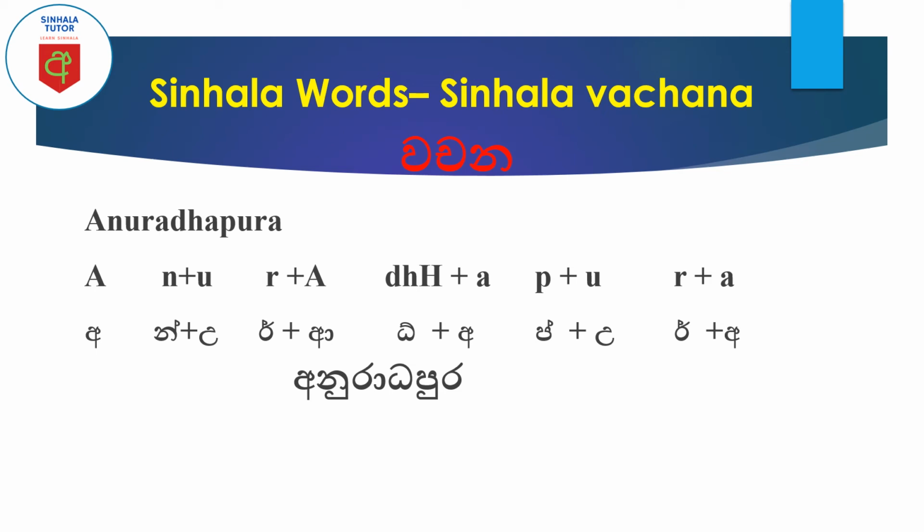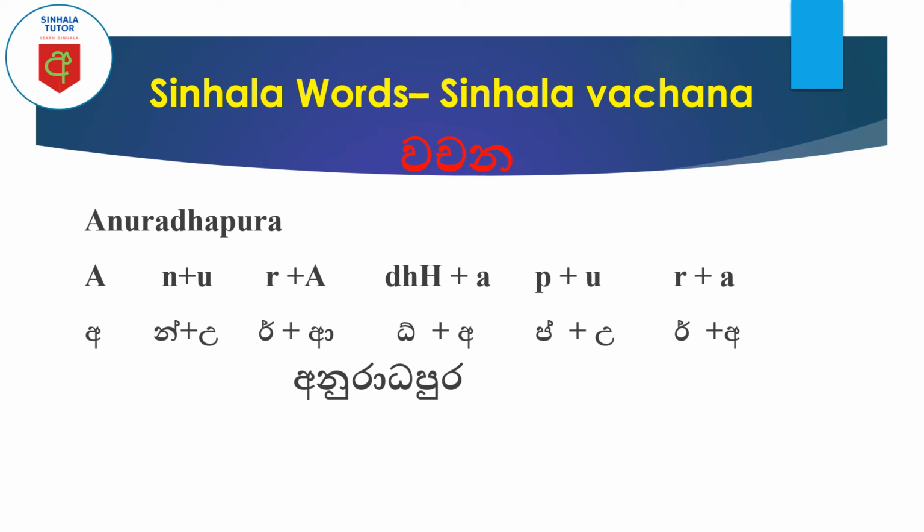And lastly, the consonant r plus a, the result is ra. So the results are: a, n plus u, nu, r plus a, ra, dh plus a, dha, p plus u, pu, r plus a, ra. So you can call it Anuradhapura.